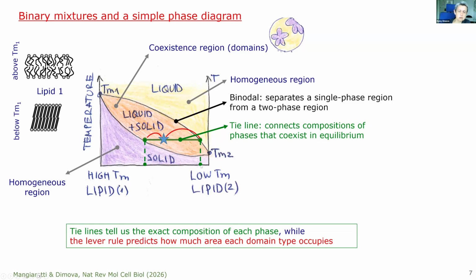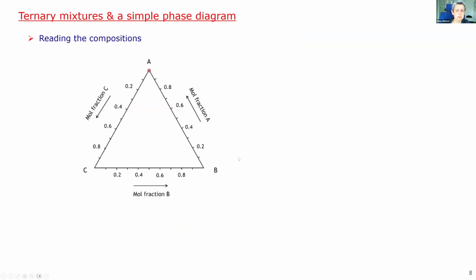So the solid domain, which is located here, has a smaller fraction than the liquid domain located here, because you have a different ratio of these segment lengths. So the lever rule predicts how much area each domain type occupies practically. That's why it's important to know these phase diagrams.